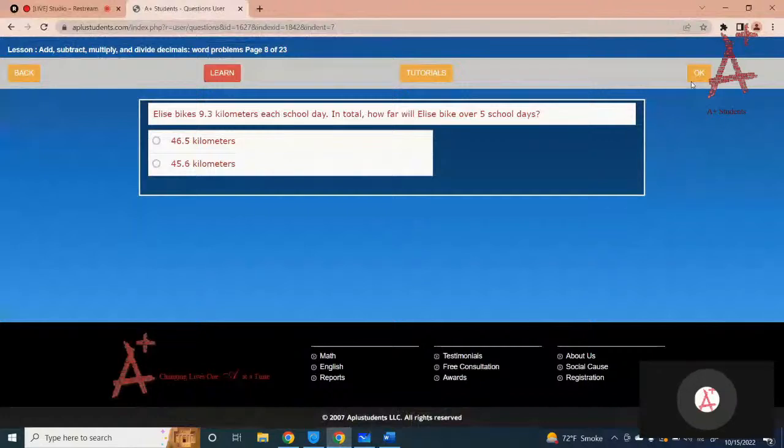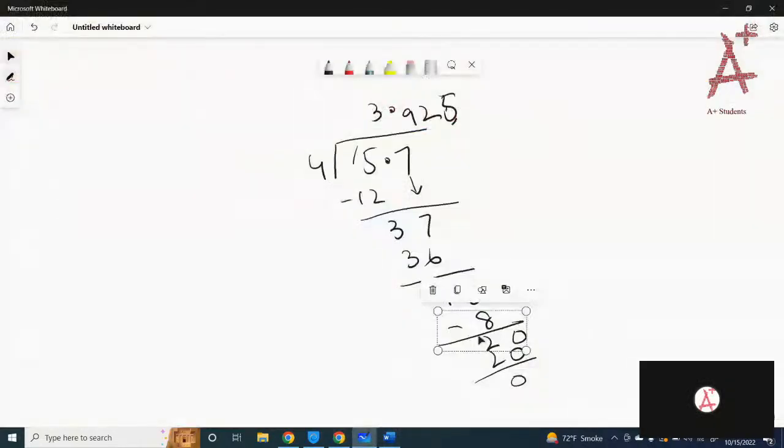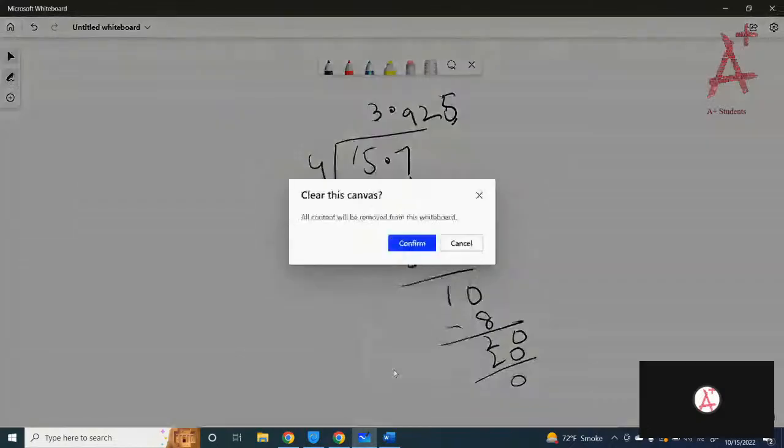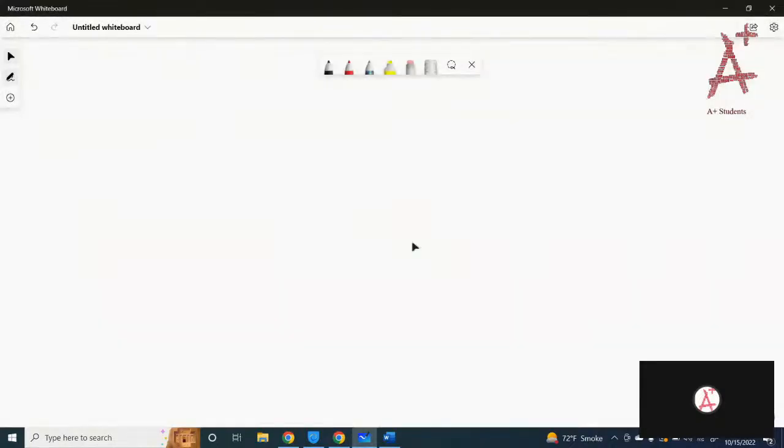Okay. Alice bikes 9.3 kilometers each day to school. How far will Alice bike over 5 days of school? So you have to multiply. You need to do 9.3 times 5. Got it? 9.3 times 5.